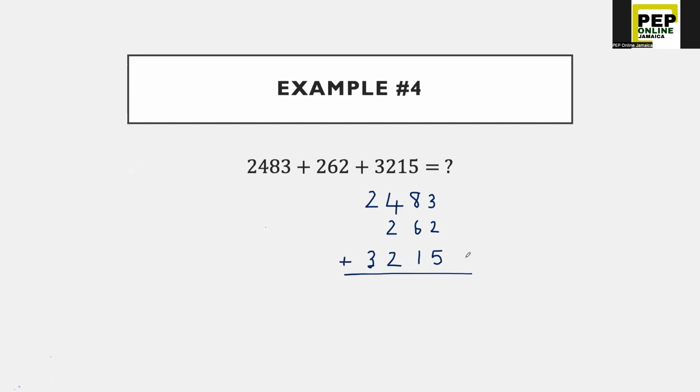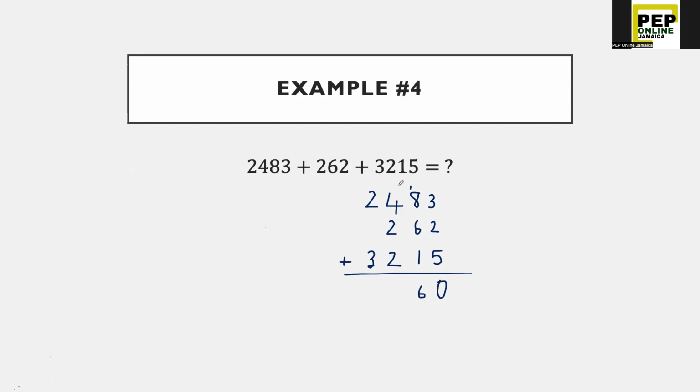So let's go. 5 plus 2 is 7, plus 3 will give us 10. Put our 0 down and bring 1 up here. 6 and 1 is 7. Call yourself 7, you have 10 fingers, you can add the 8 on that. So we end up with 7 and 8 will give us 15, and 1 will give us 16.